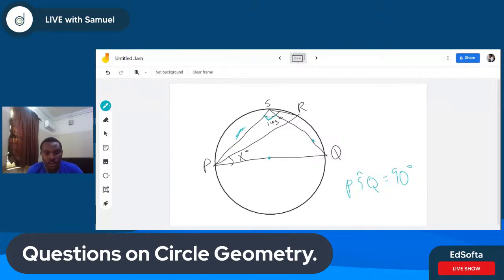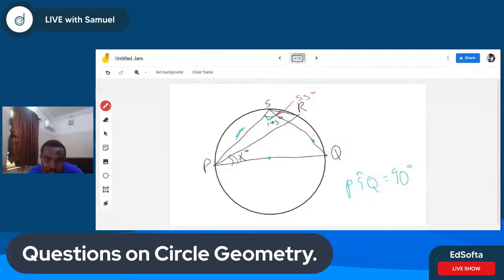So now what do we do? Now if you look closely, the place with the red marker, the angle here is going to be 50. And if you check closely, you will see that this angle x subtends the same position.